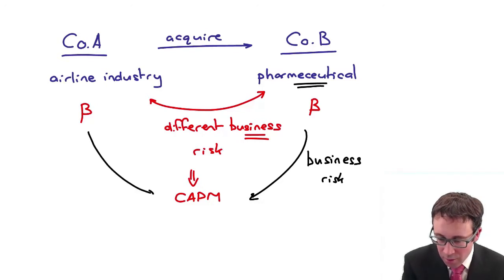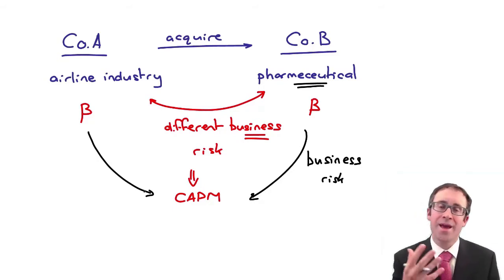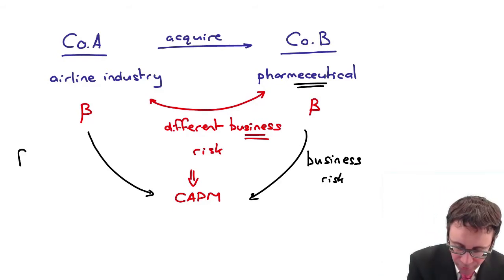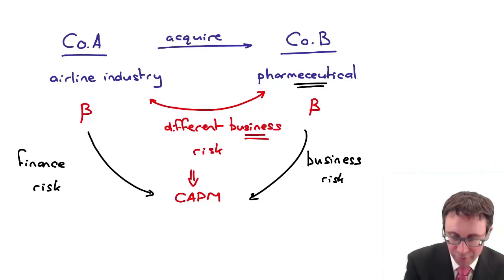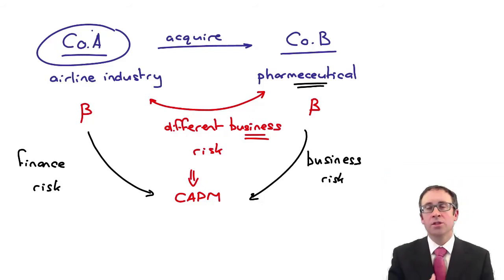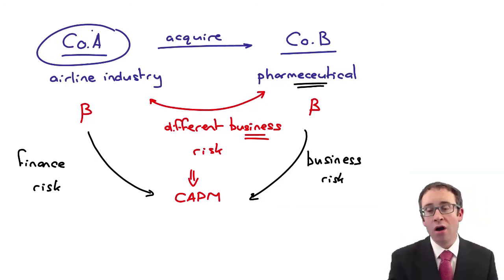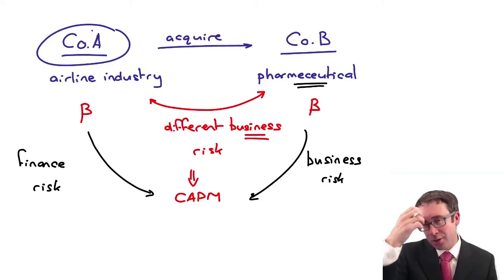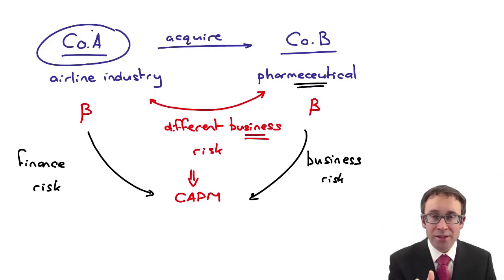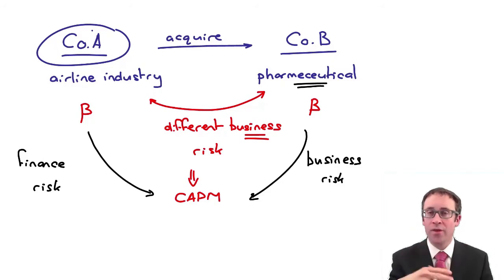If we're appraising the acquisition of company B for company A, well, company A is owned by the debt and equity holders, so we need to make sure that it reflects the level of finance risk of company A, because it is company A that is doing the investment appraisal of acquiring company B. So we need to look at the different business risk reflected in company B, but we need to adjust that beta in company B to reflect the finance risk in company A, not the finance risk in company B. It gets quite complicated, but as we work through it you'll see there are lots of steps to ultimately get to the correct beta that will help us in CAPM and in our project appraisal.